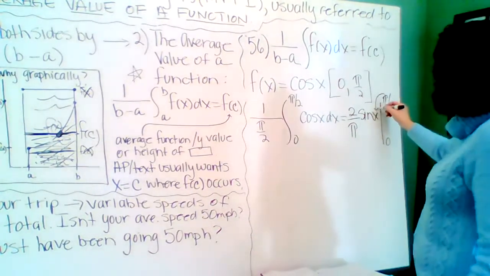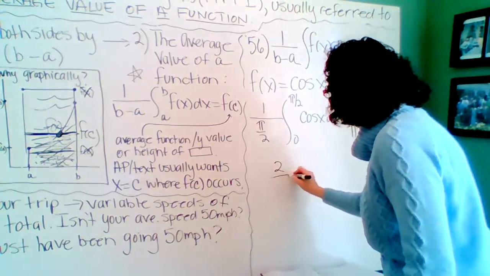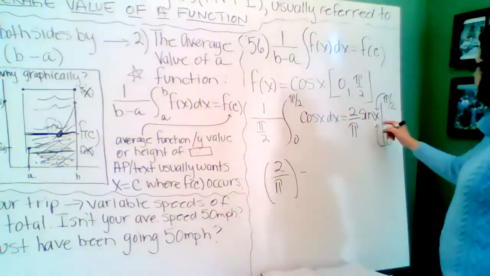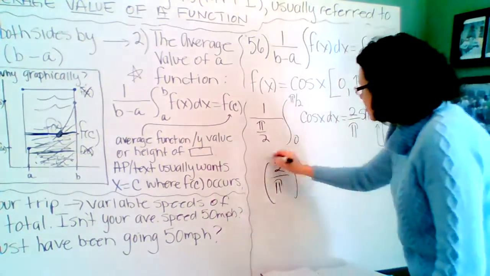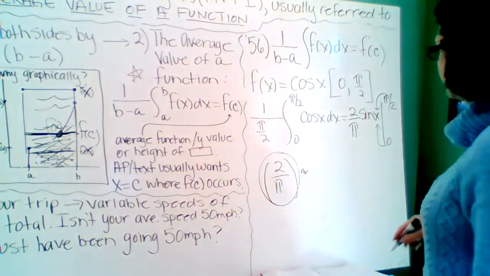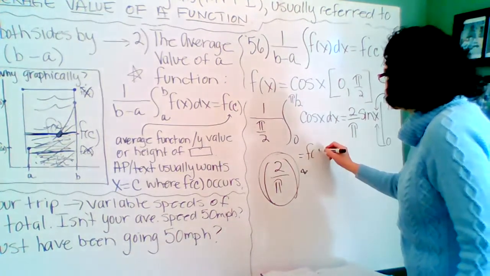F of b, sine of pi over 2 is 1, times 2 over pi. There's my f of b minus f of a, when sine of 0 is 0. So I have 2 over pi, which is a little less than 2/3. So this is my f of c.